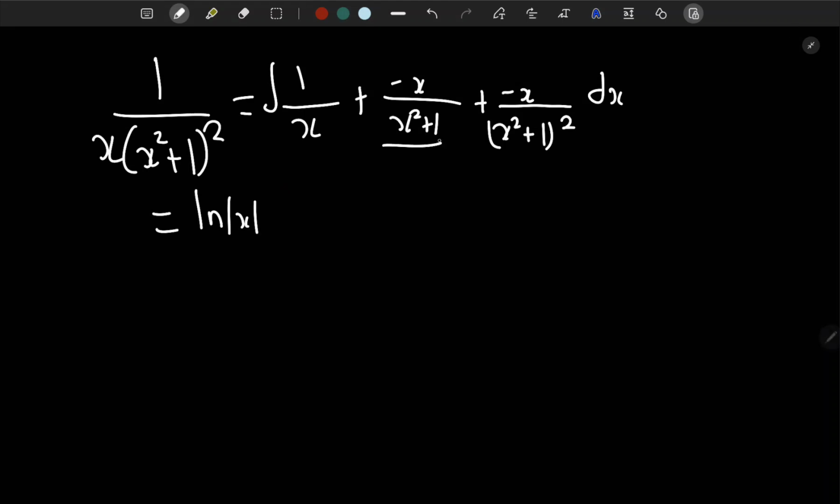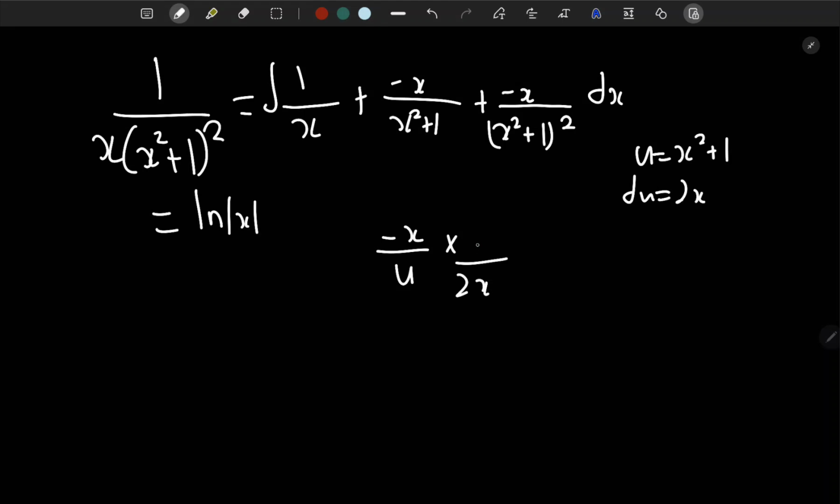For the next part, we can take u as the denominator, so u is equal to x squared plus 1, du is 2x dx, and dx is going to cancel out, so we will be left with minus 1 over 2 outside and just 1 over u inside, so it's going to be minus 1 over 2 integration of 1 over u, which is going to be ln u.